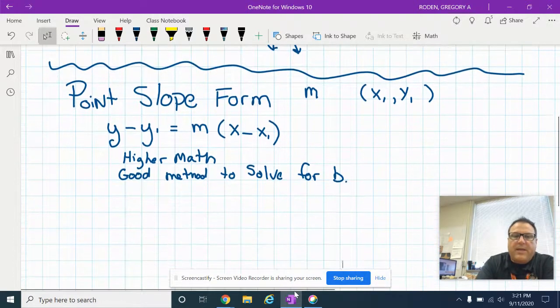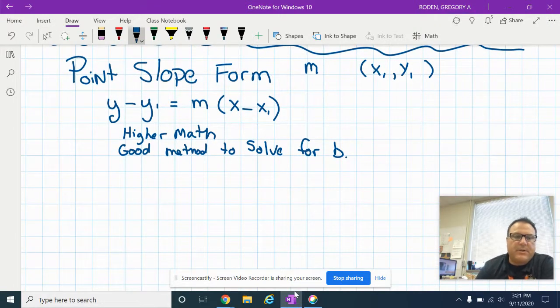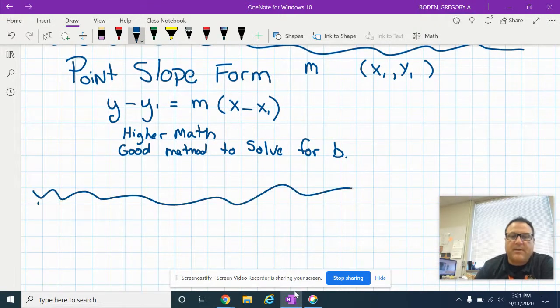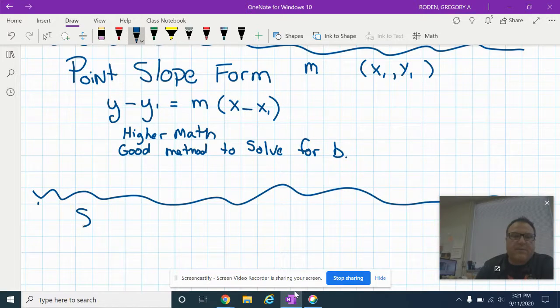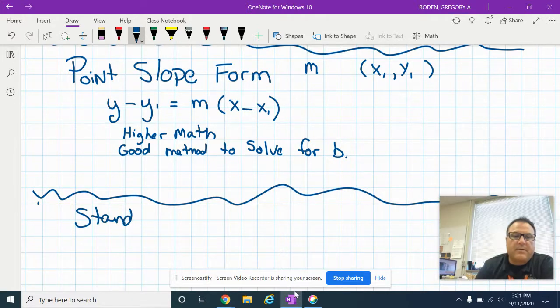And then the last kind of equation, and this is probably the least common, is called standard form. Now, standard form is not really seen, especially at this level in math. You don't see it a lot, but standard form says ax plus by equals c.